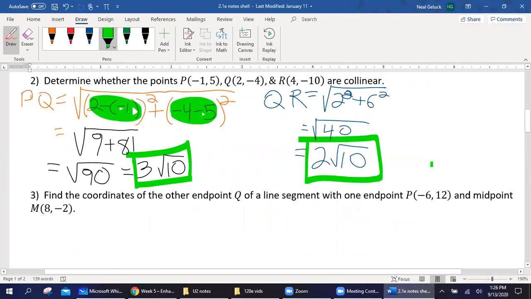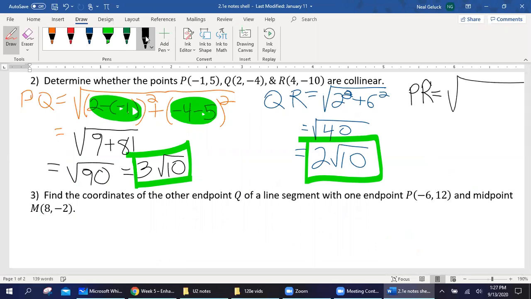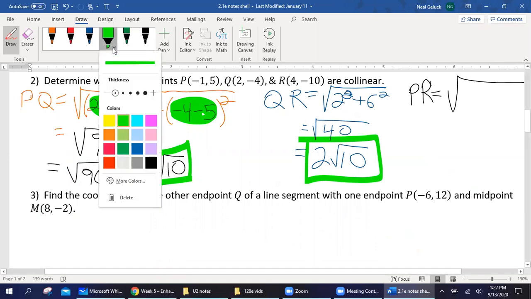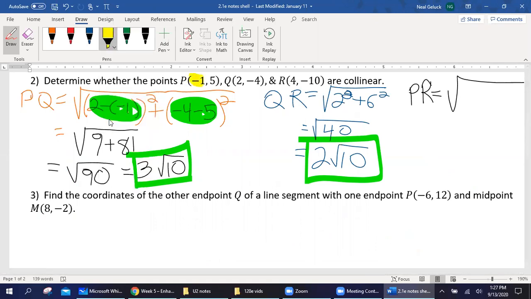So now I've got to do P to R. And I'm going to do it the same way I just did the previous one. Again, you could use the distance formula if you wanted. But let's think about this. From P, x, so -1, to R, 4. From -1 to 4, that's a distance of 5.